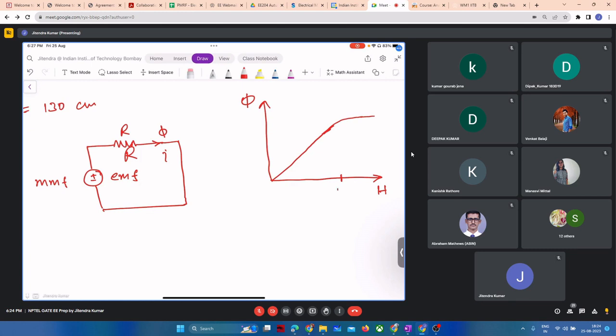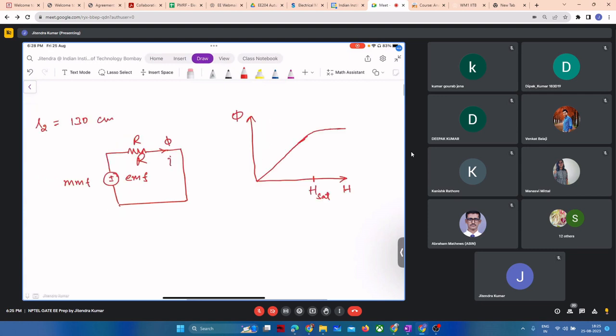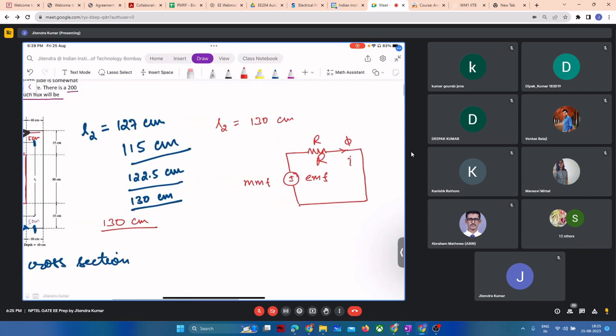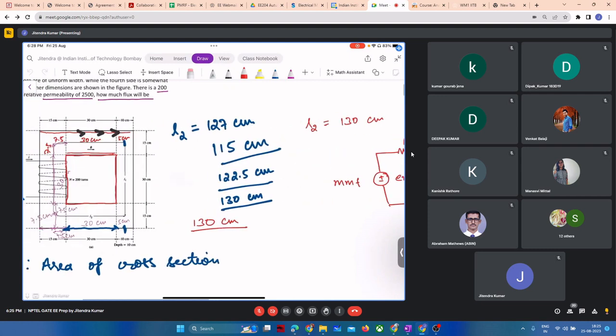After a certain magnetic field, you cannot increase flux in the circuit, because the property of the ferromagnetic material does not allow flux density beyond a certain limit. It will increase, but it will be very little, just an incremental change. I hope it is clear.